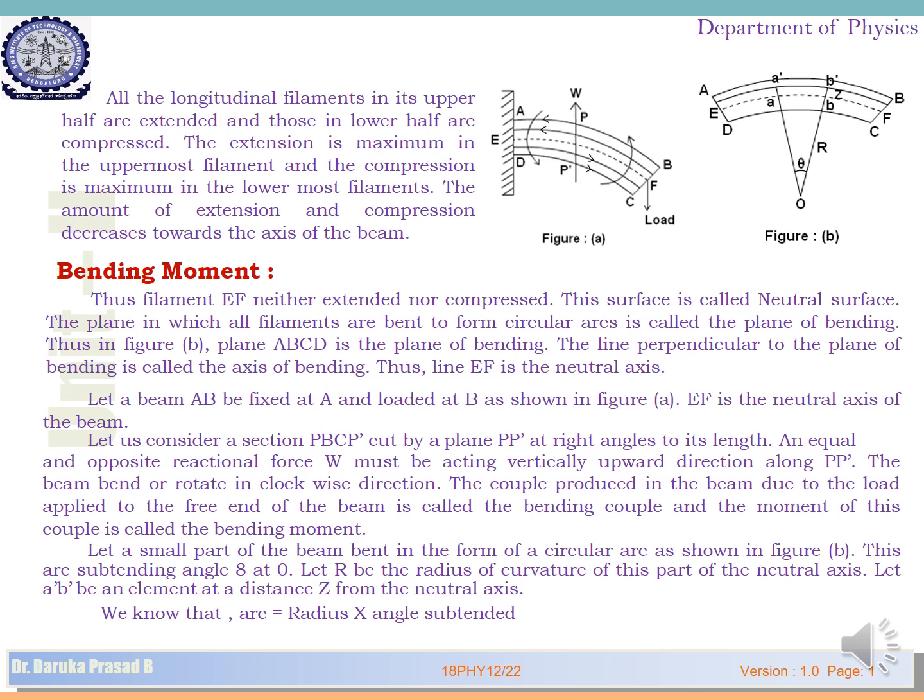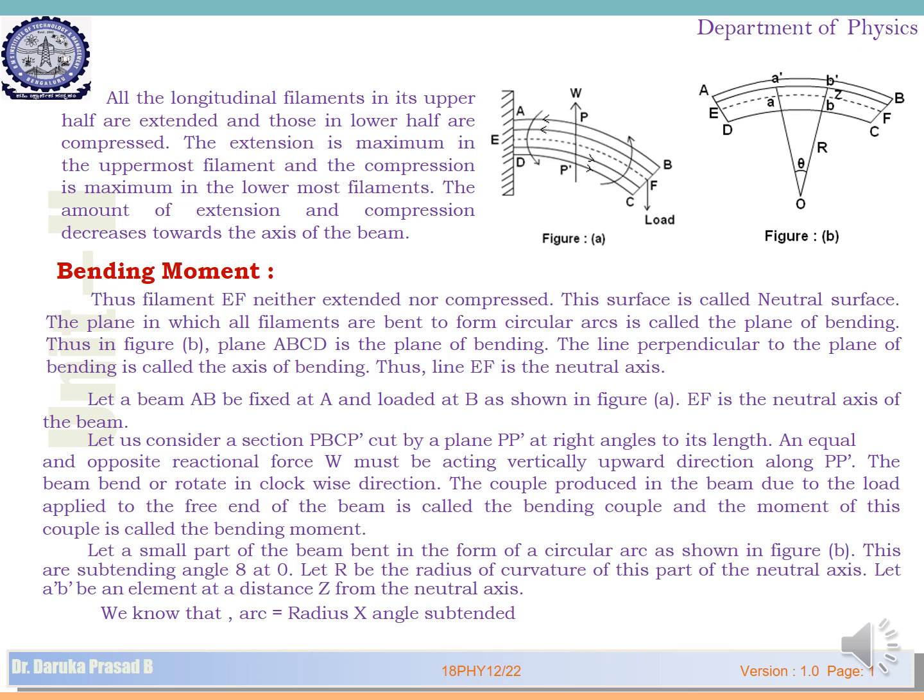Now arc lengths we can determine with the help of this simple geometrical diagram. The arc length AB can be determined as follows: the radius of curvature is capital R and the angle subtended by this arc is theta, because the definition of angle itself is arc by the radial distance. So AB is the arc and the radial distance is OB.